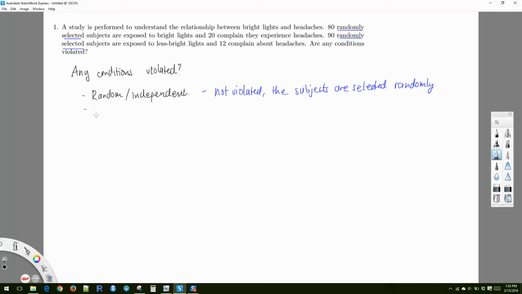And then we have the big population condition. The relevant population would be everyone who could be exposed to lights.